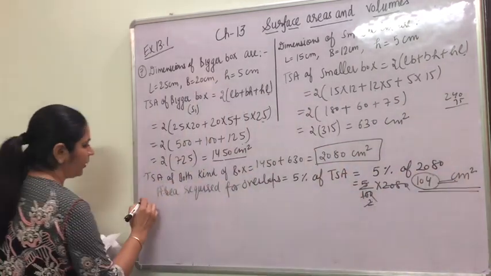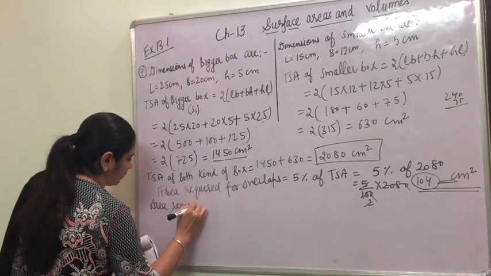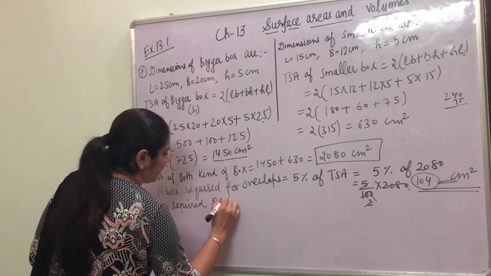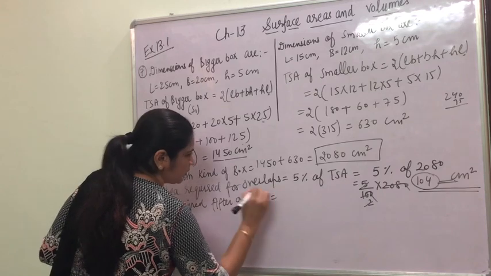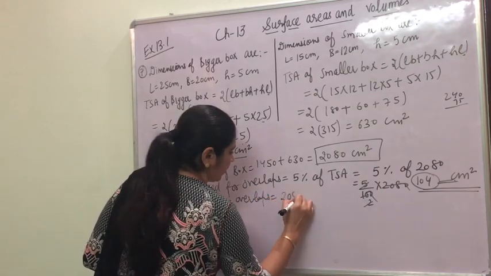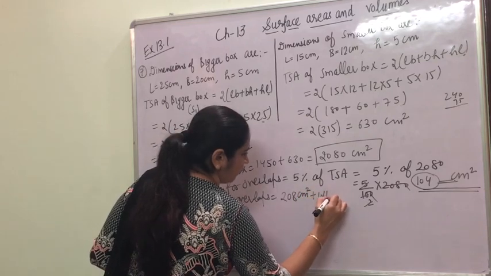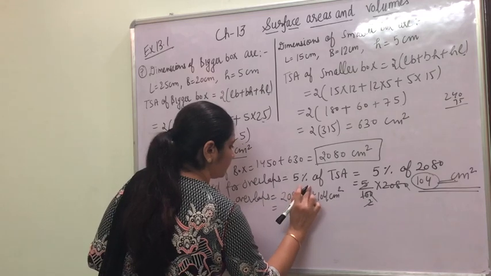Now we are finding area required after overlaps, which is equal to 2080 centimeter square plus 104 centimeter square.